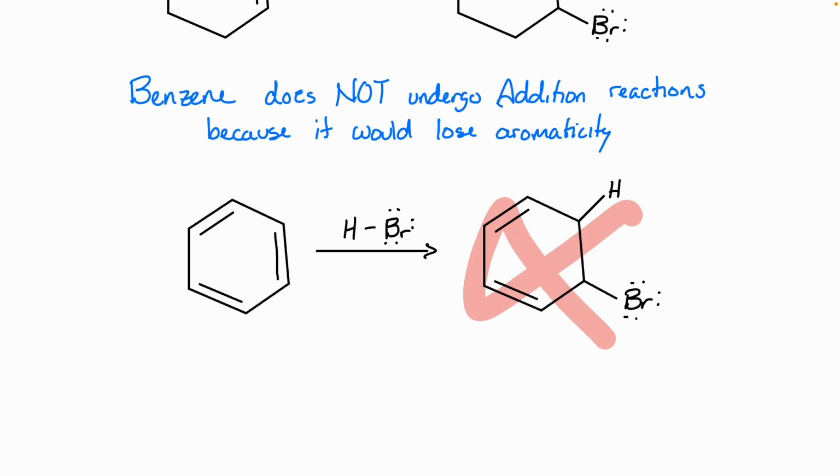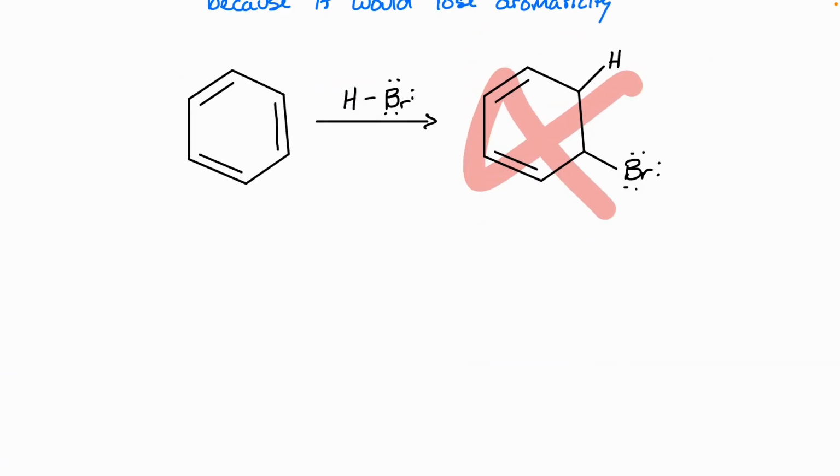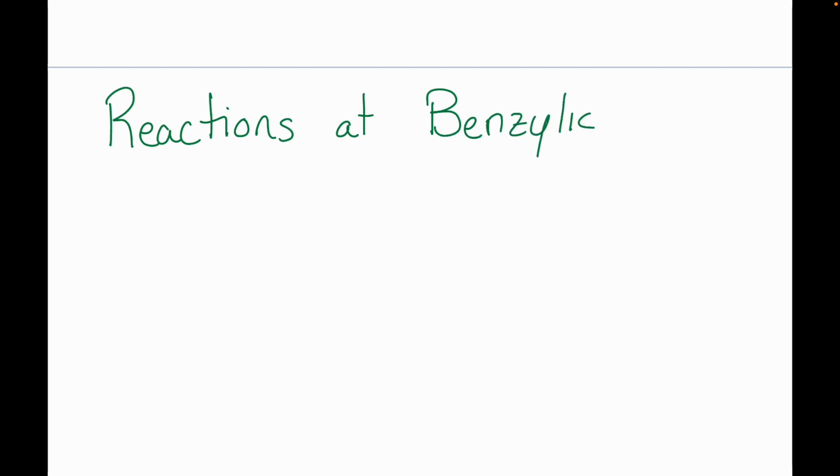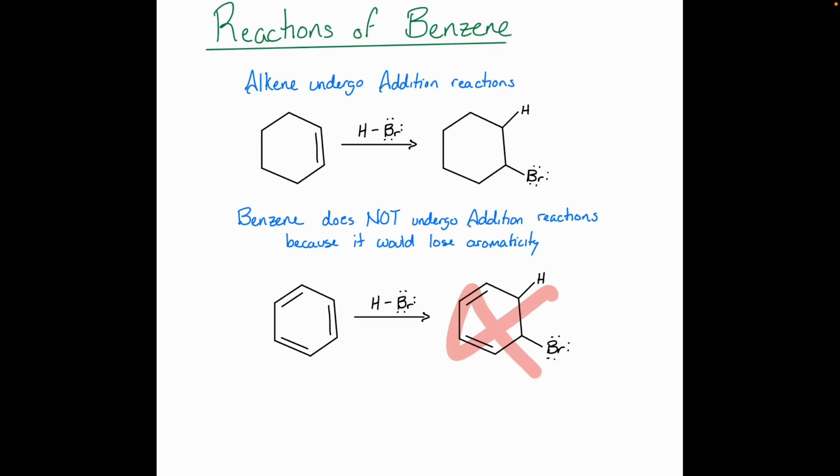Okay? We're going to spend all of next week on a particular class of reactions. All right? For the end of this chapter, we're going to kind of throw in a few random ones here. So the first set is going to be reactions that occur at what's called the benzylic position. So remember, for alkenes, let's just take our examples here.